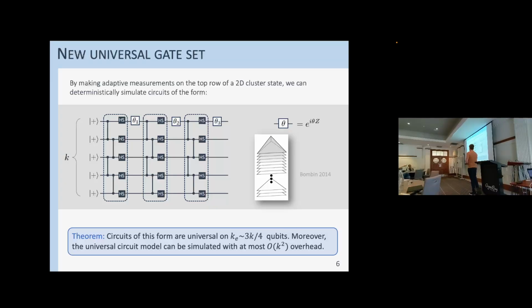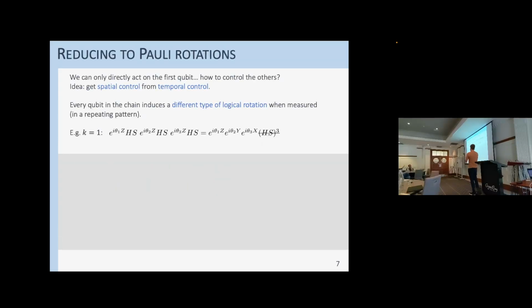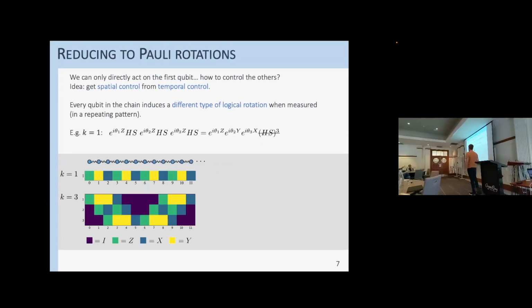In this diagram, I'm considering a deeper, longer circuit. But the point is that when you were indicating that on k equals 3 there are certain rotations about certain axes, that will be determined by the choice of theta along the top. Exactly. If I've compiled using this gate set and I want, at some point in my circuit, to do an X rotation of the third qubit, then you would set all the thetas to 0 except for the one in this part of the chain, and you would do a rotation there, and that would correspond to this rotation here.